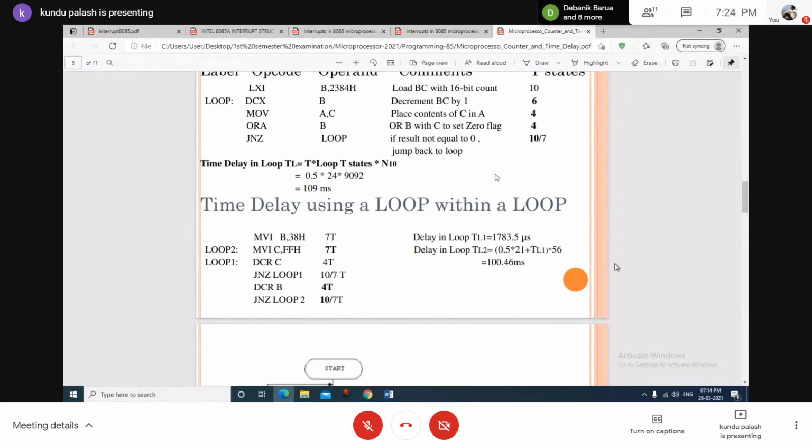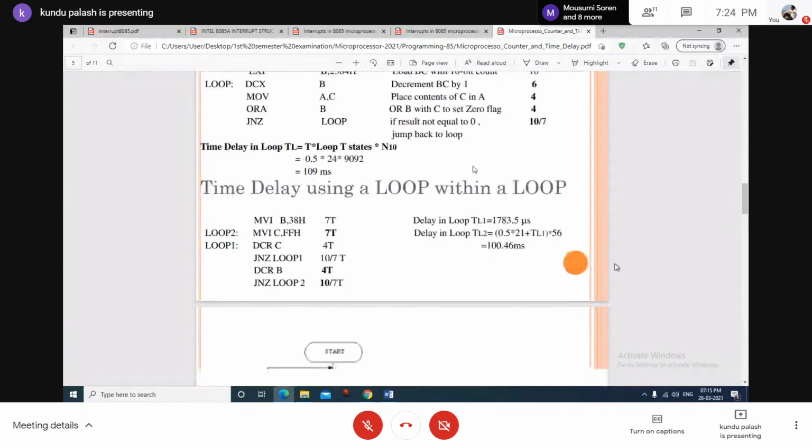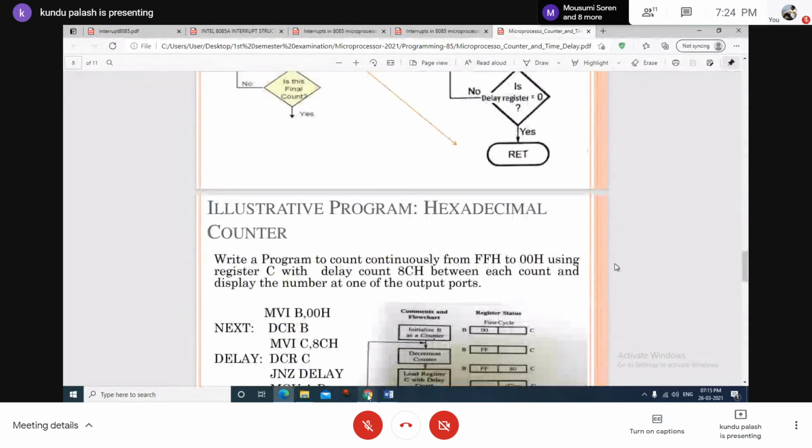The same thing could be done in digital electronics by using a multiple stage flip flop, ripple counter or synchronous counter, whatever it may be. So now we can understand what is the advantage of using the software counter. In case of a counter design using digital logic gates or sequential logic circuits, the variations of the clock frequency, the accuracy of the clock frequency, may yield inaccuracy of the time delay generation.